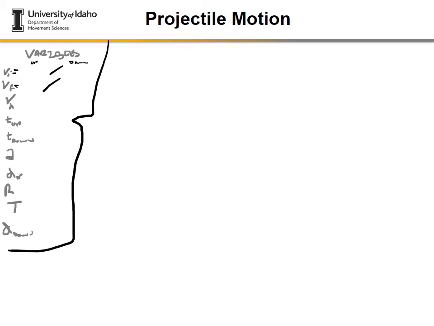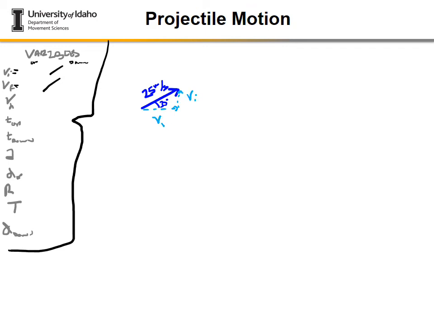But how does this work, and how do we see this going forward? Well, from the last page we saw that we had an initial takeoff velocity of 25 meters per second at a 30-degree angle. So what do we need to do? Well, we need to solve for VH and VI.